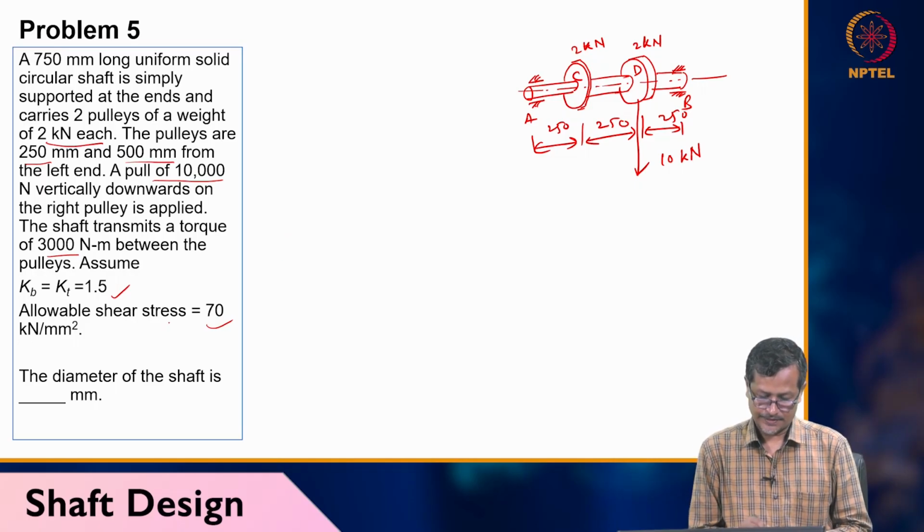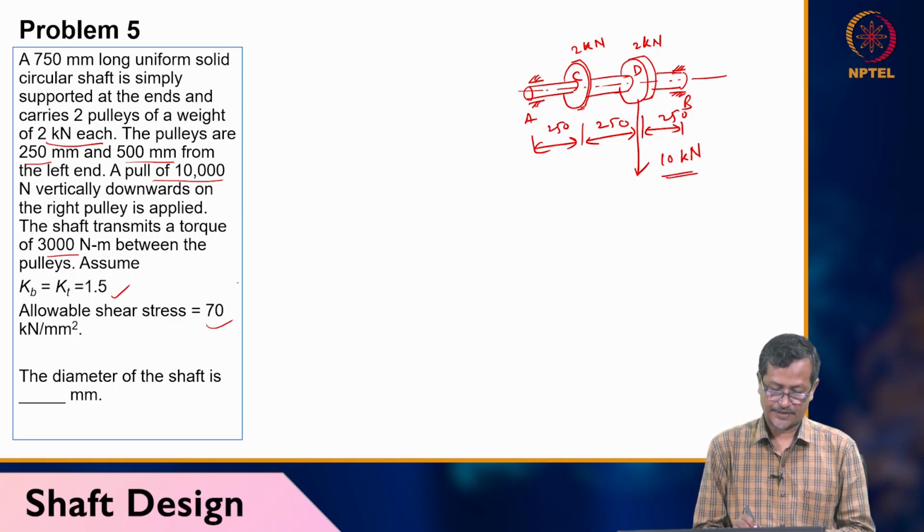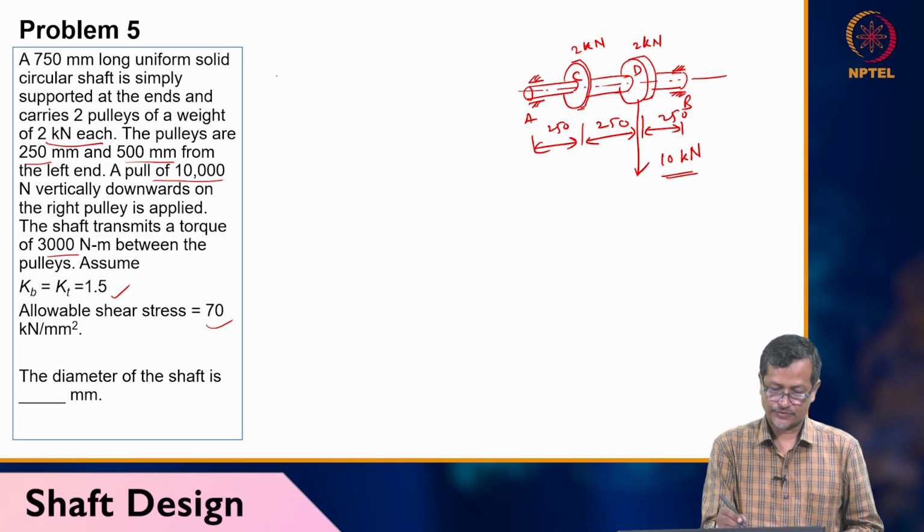The shaft is 750 long, supported at the ends, with two pulleys. The pull on the right pulley is 10 kilonewton, vertically downward. The shaft transmits 3 kilonewton meter. Okay, so L is given 750.